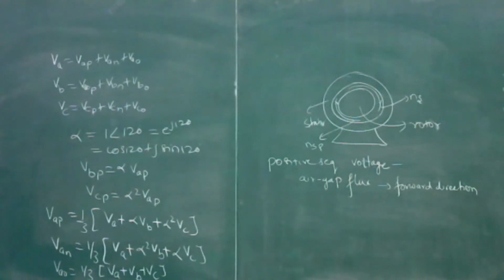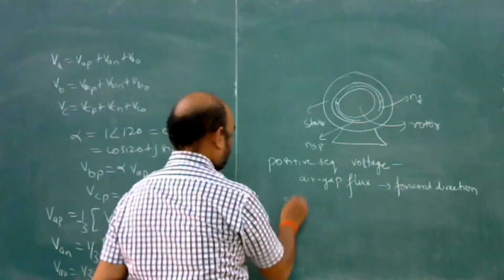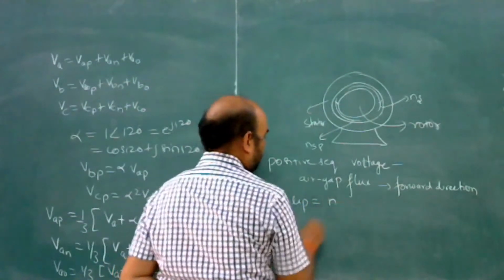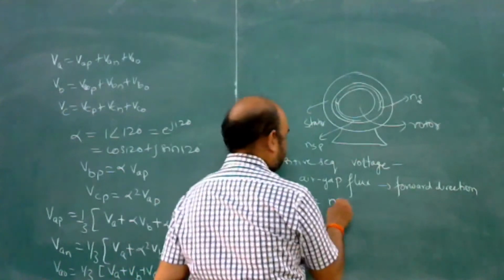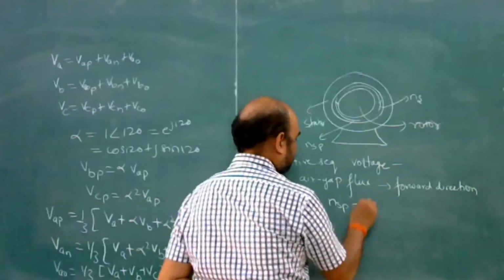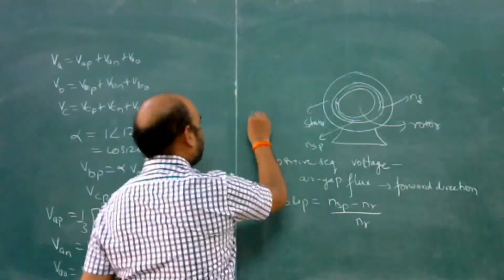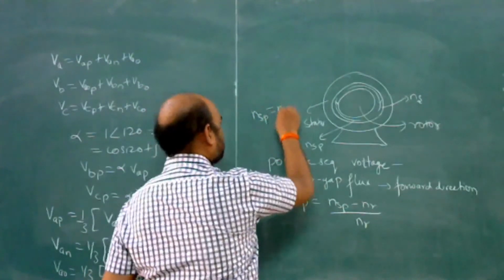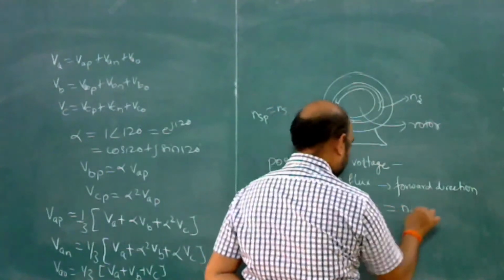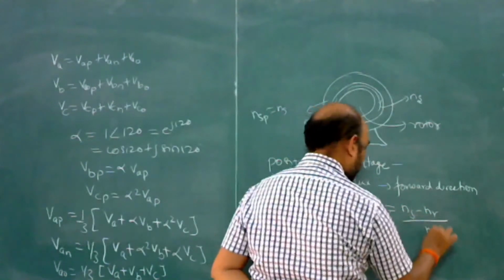So slip in this case for positive sequence will be equal to NSP minus NR divided by NSP, and here NSP is equal to NS, so it is NS minus NR divided by NS.